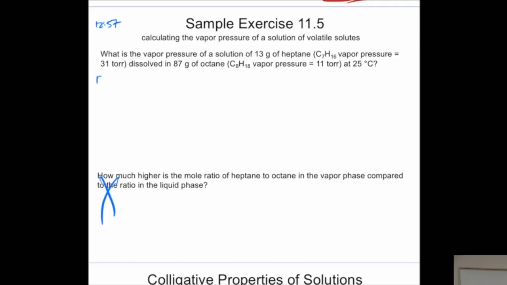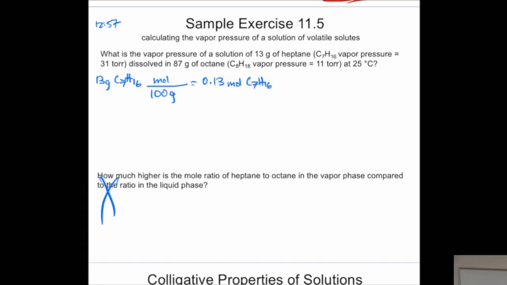We're given 13 grams of heptane, C7H16. That has a molar mass of, what'd you get? I don't want to count it up. 100 grams per mole. So that's easy. I don't need a calculator for this one. 0.13 moles of C7H16.